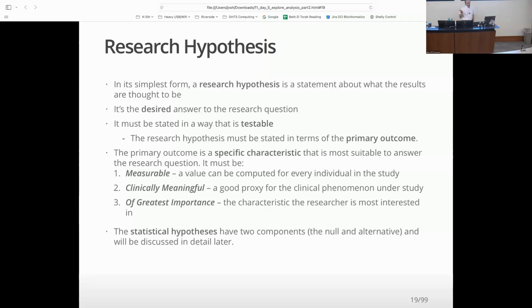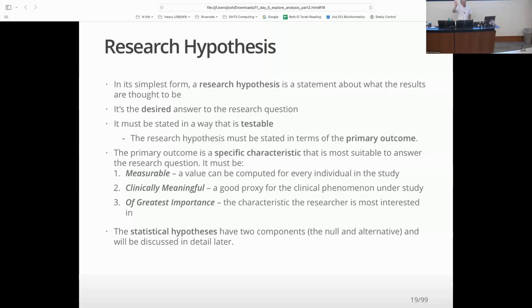The alternative hypothesis is really like, if I think that Granny Smith apples are sweeter than Red Delicious apples, that's my hypothesis based on previous observations, right?